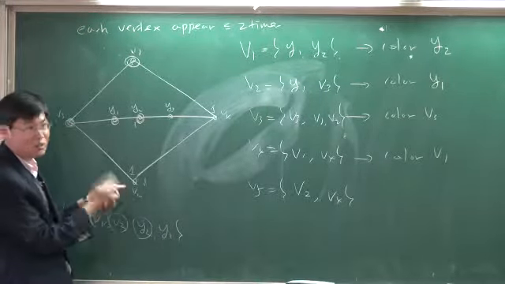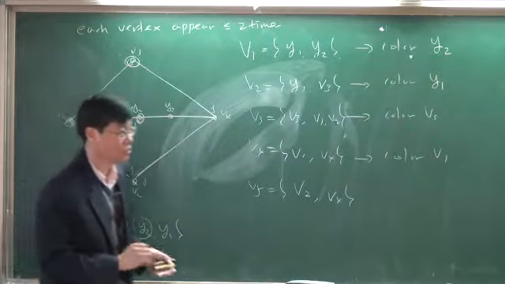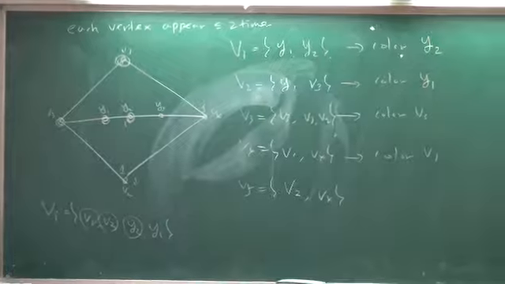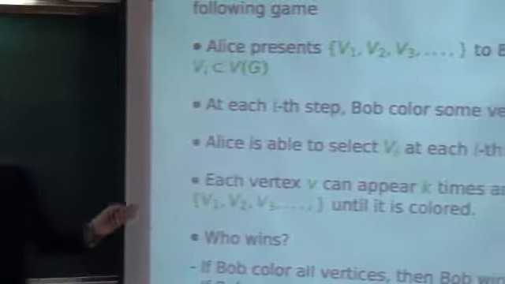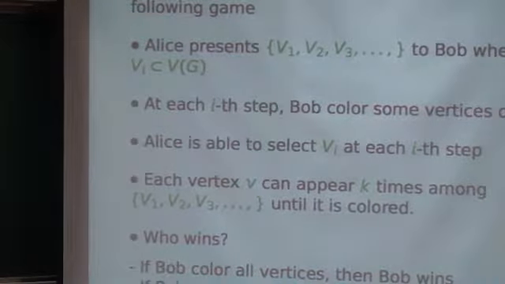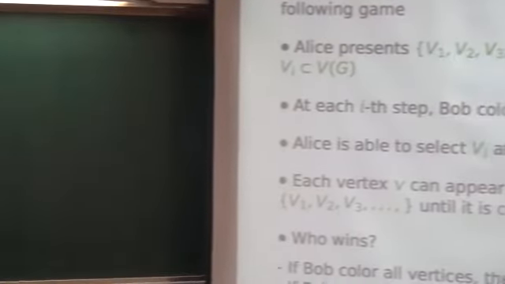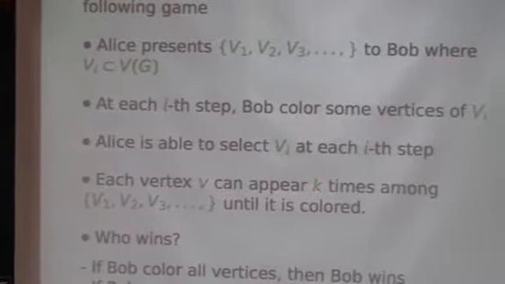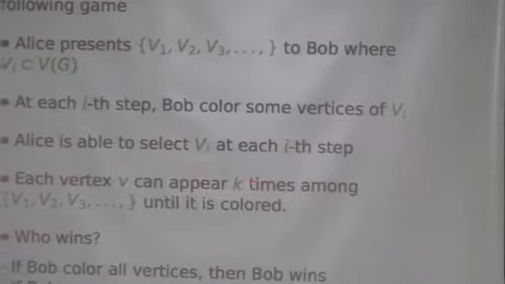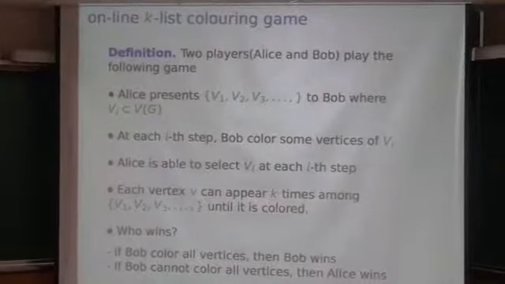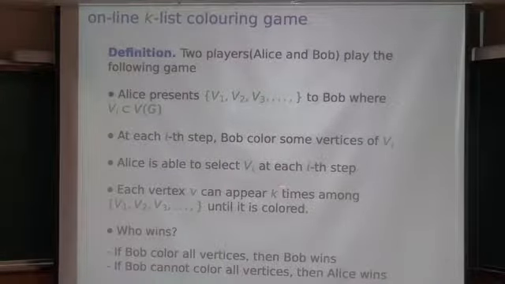So one of the key points is this restriction: for each vertex, how many choices, how many chances it has.